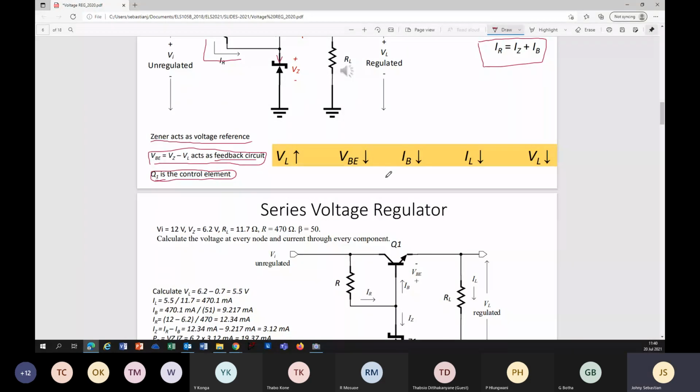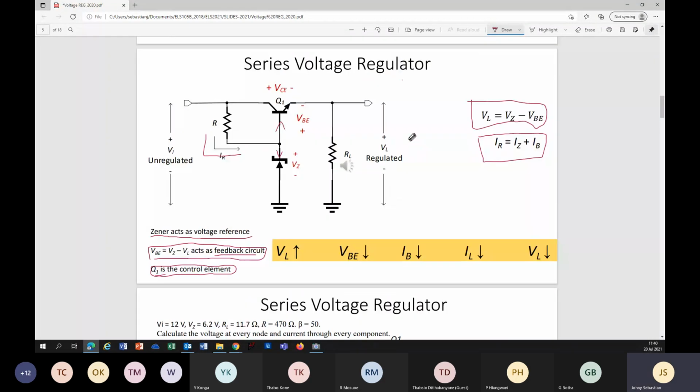Okay. In this case, if you want to describe the operation of this circuit, you simply assume VL increases like this. That arrow up indicating VL somehow trying to increase.